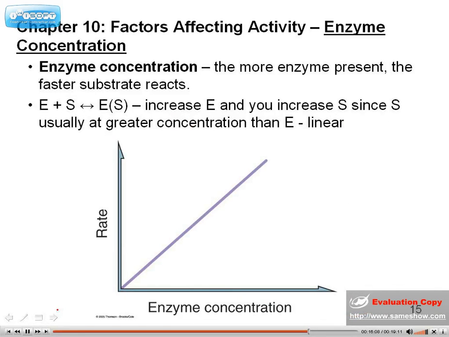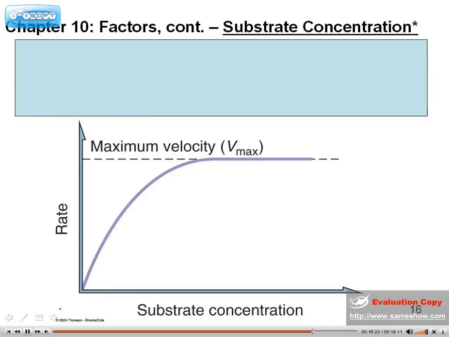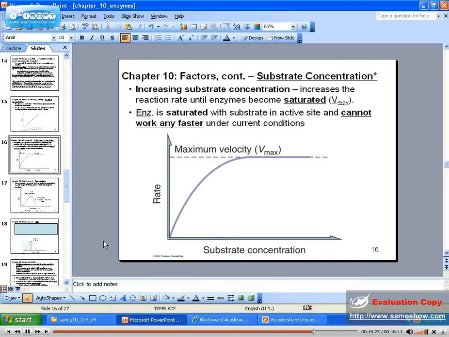We have different factors for increasing or decreasing the reaction rate of enzymes. One way to increase the overall reaction rate is to increase the amount of enzymes. Another way is to increase the amount of substrates.